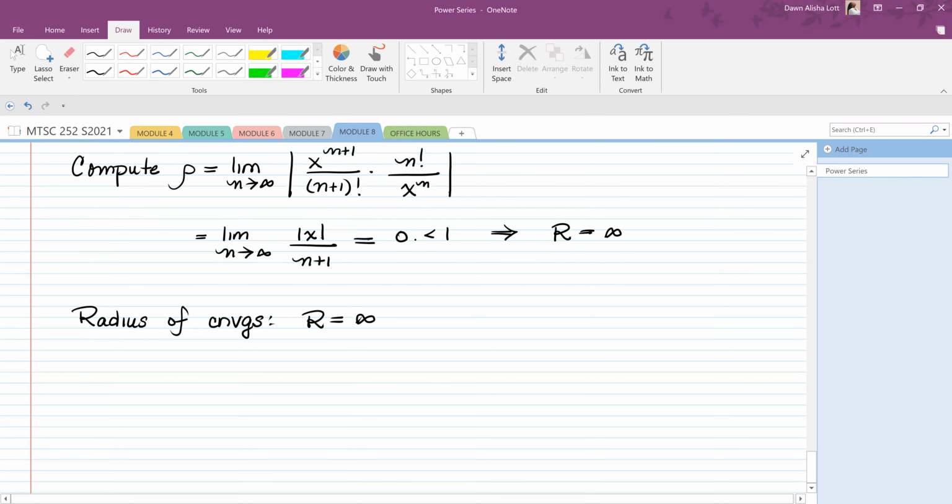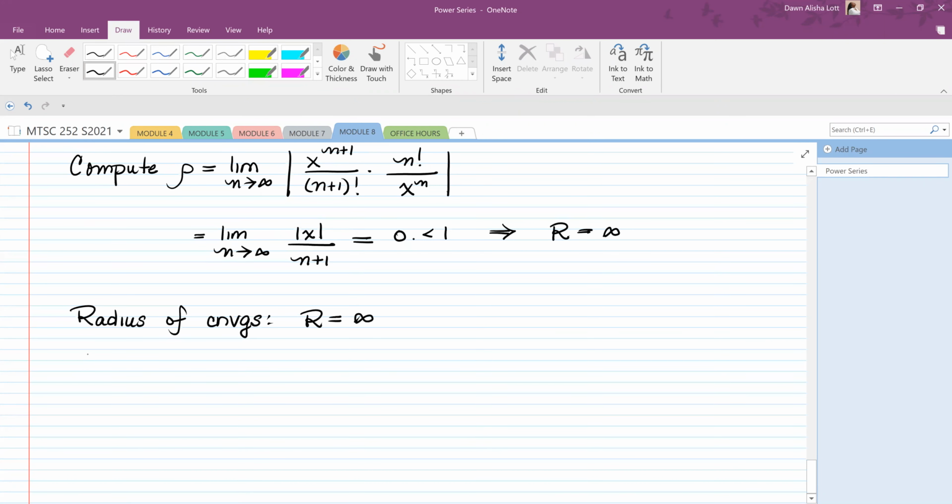And the interval of convergence is minus infinity less than x less than positive infinity.